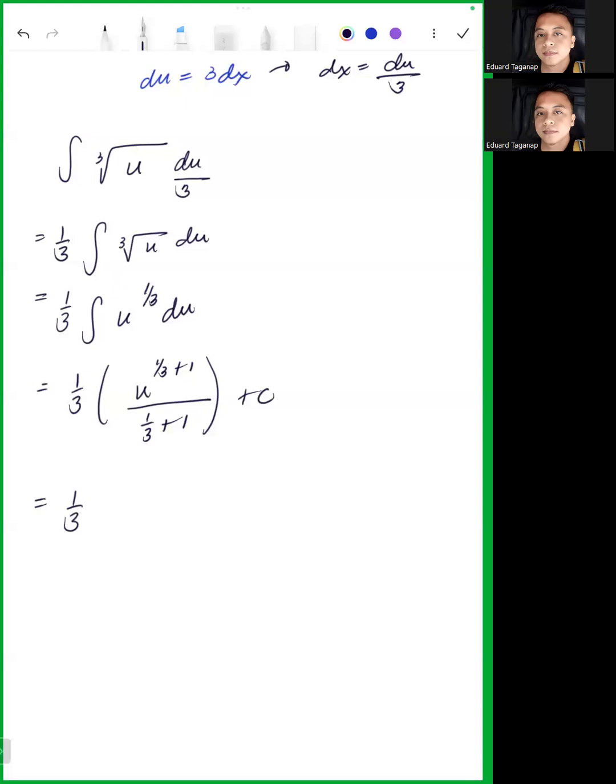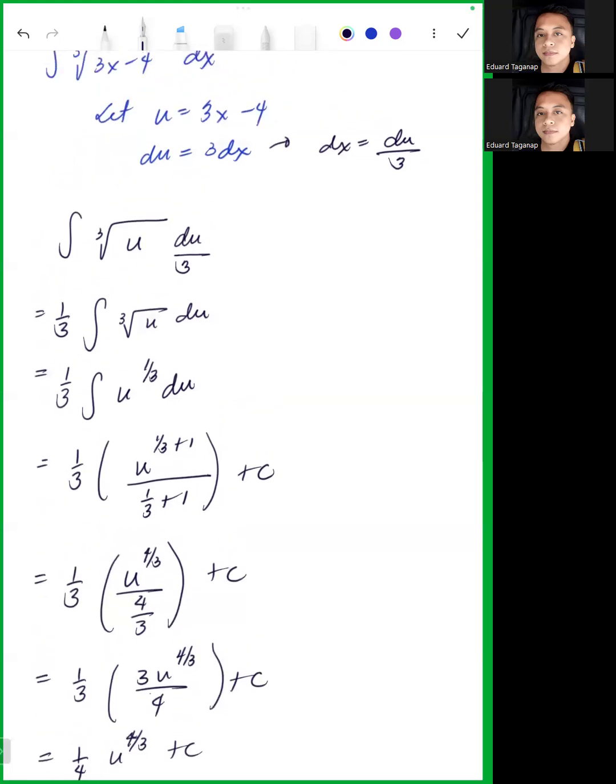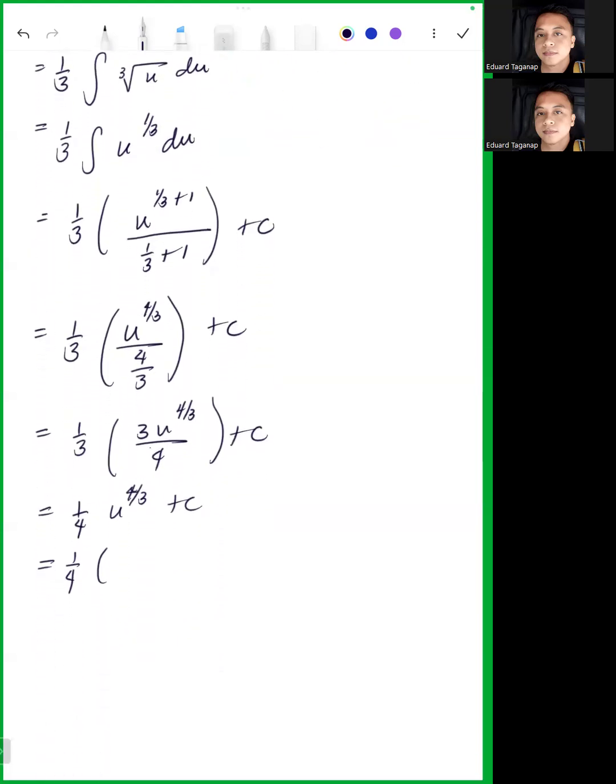What's left for us to do is to simplify. And now, what's left is to write u in terms of x, which is 3x minus 4.